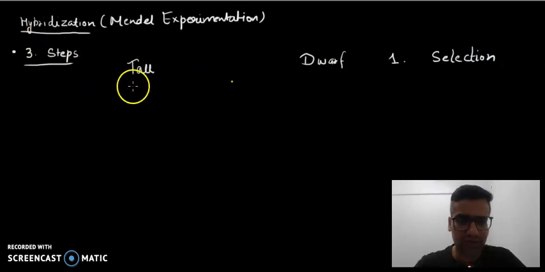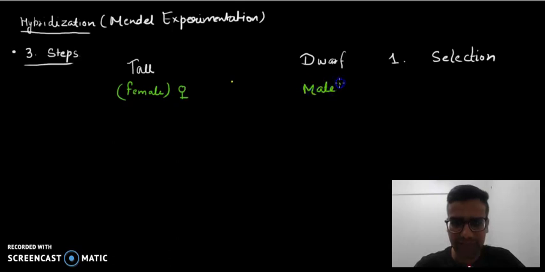The tall plant was the female plant, whereas the dwarf plant was the male plant. He crossed the two of these.